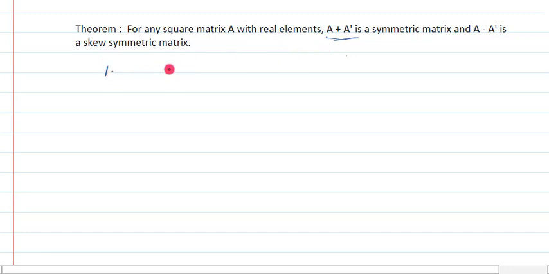So let me prove the first part, that A plus A transpose is a symmetric matrix. To prove this, let me take the name of this A plus A transpose as a new matrix. Let X be a matrix which is A plus A transpose. If we prove that X transpose is equal to X itself, then we can say that X is a symmetric matrix, and X is nothing but simply A plus A transpose. So let us calculate X transpose.